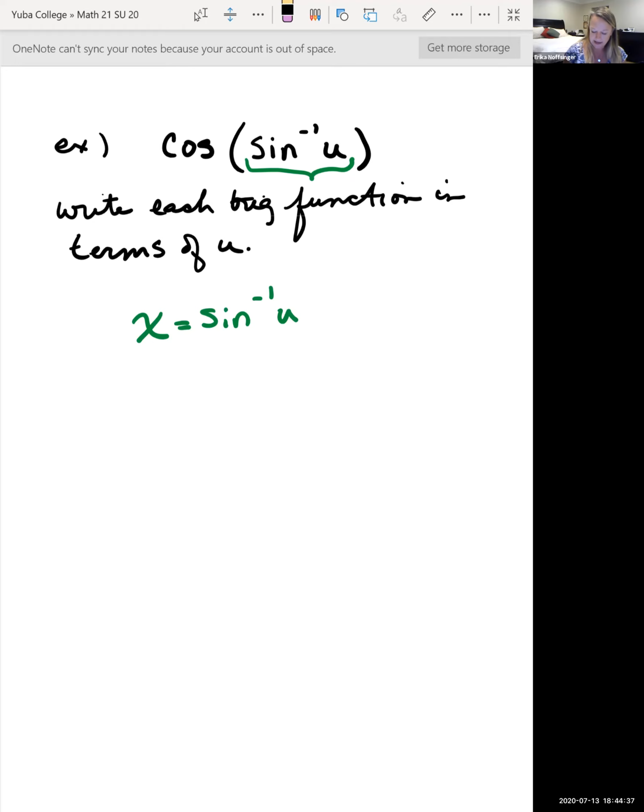So if we look at sine x equals sine of sine inverse of U, that would equal U. Let's look at that as a ratio, so U over 1. It's actually an angle, so x. Sine is opposite, so this is U. Hypotenuse is 1.